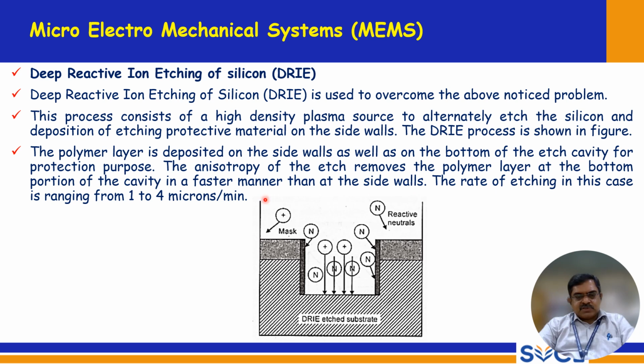The rate of etching in this case ranges from 1 to 4 microns per minute. So this is the dry process.